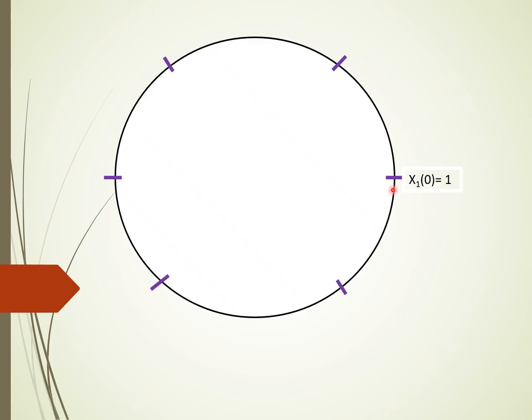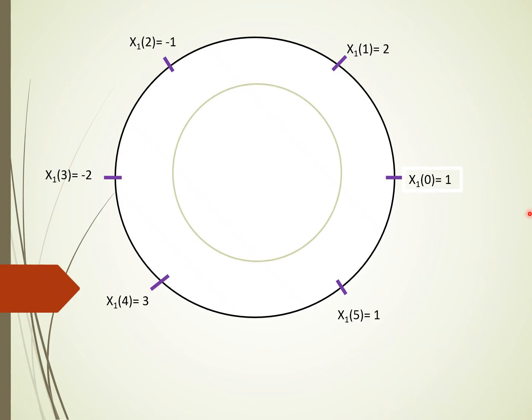Start the first element value at this point, so x1 of 0 is equal to 1, followed by the subsequent values of x1 of n in the counterclockwise direction. So we have 6 elements altogether. Represent all the 6 elements along the outer circle in the counterclockwise direction.